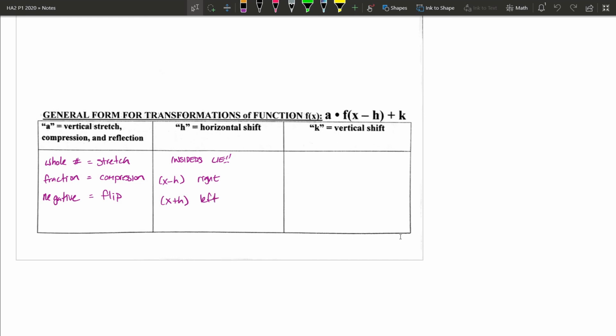And k is vertical, that's the easy one. If it's a positive, that's up, and a negative pulls down. So that is my mental checklist. And I think you can see by the way I was explaining it, I go in order of a, then h, then k. I'm very logical and sequential. You don't necessarily have to go in that order, but I like left to right. I'm a mathematician.